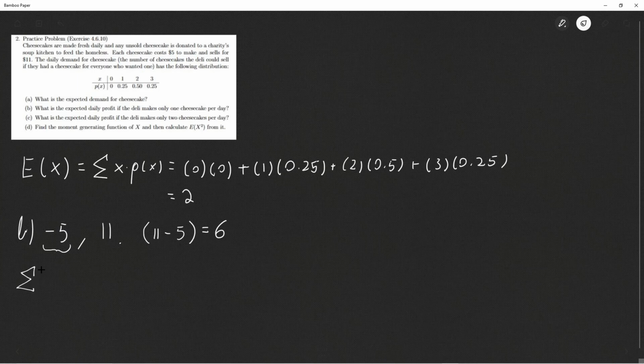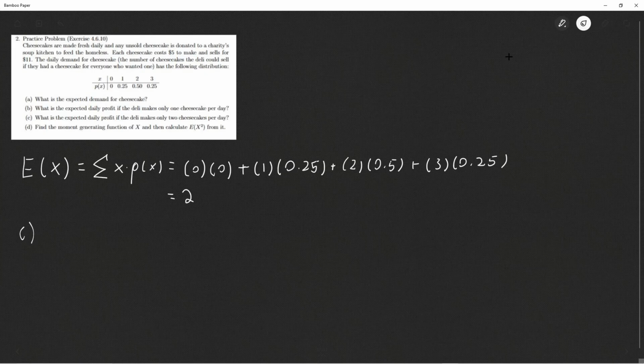So we'll have our expected profit this time be equal to the sum of our profit multiplied by our f of p, which is going to be equal to what our profit would be if we sold 0, which would be negative 5, plus our profit if we sold 1, which would be 6 multiplied by 1, which is our total profit of 6.